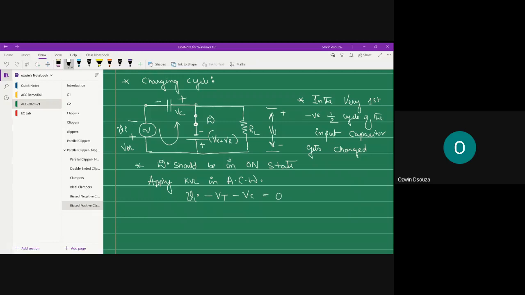Minus to plus Vi, and plus to minus Vt, plus to minus Vc is equal to 0, or voltage across the capacitor Vc is Vi minus Vt.